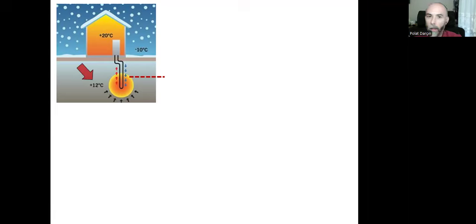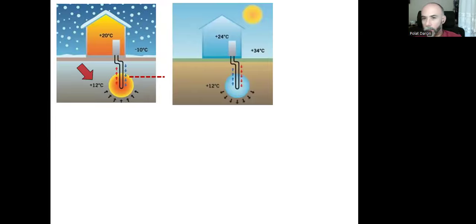As you can see, even if it's minus 10 in the atmosphere above the soil, the subsoil at this level will provide plus 12 degrees Celsius, and it doesn't change during the summer as well. As it gets very hot, like plus 34 degrees Celsius, this time we want to keep the indoors cool. Again, at that level, the temperature is constant. It doesn't change. Again, it's plus 12 degrees Celsius.